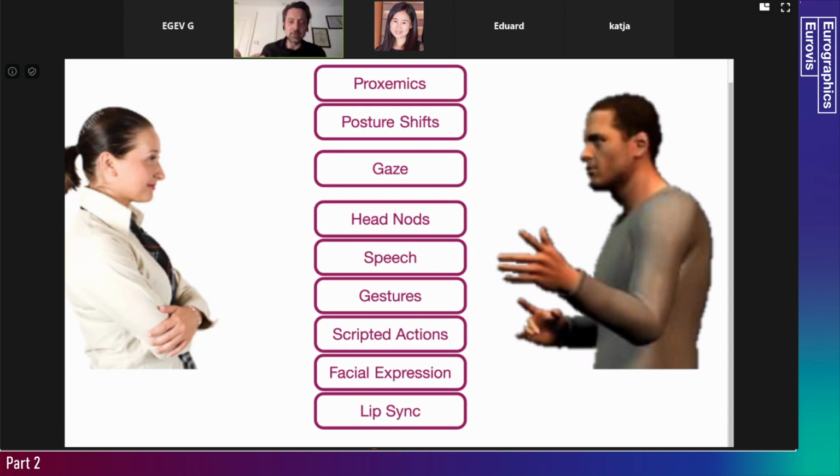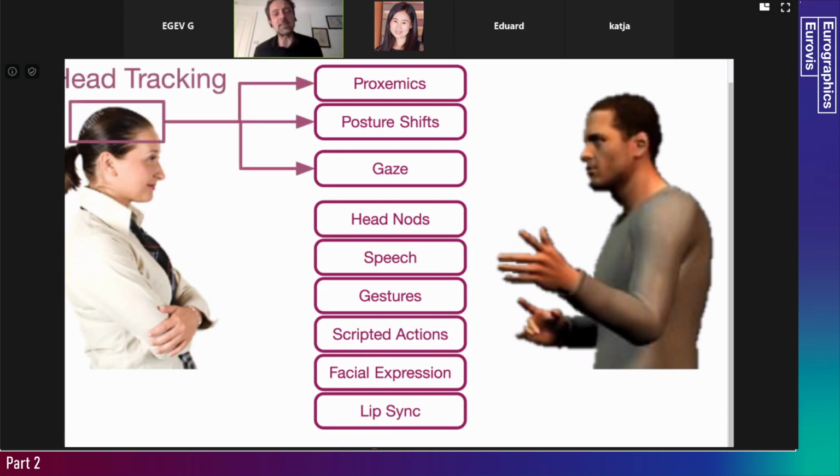Some of the back channel features like head nods, but also the front channel, the main channel features like speech, obviously, and gestures accompany speech. So gestures are closely connected to speech. We might have some specific scripted actions within a conversation, facial expressions, and obviously that includes lip synchronization.